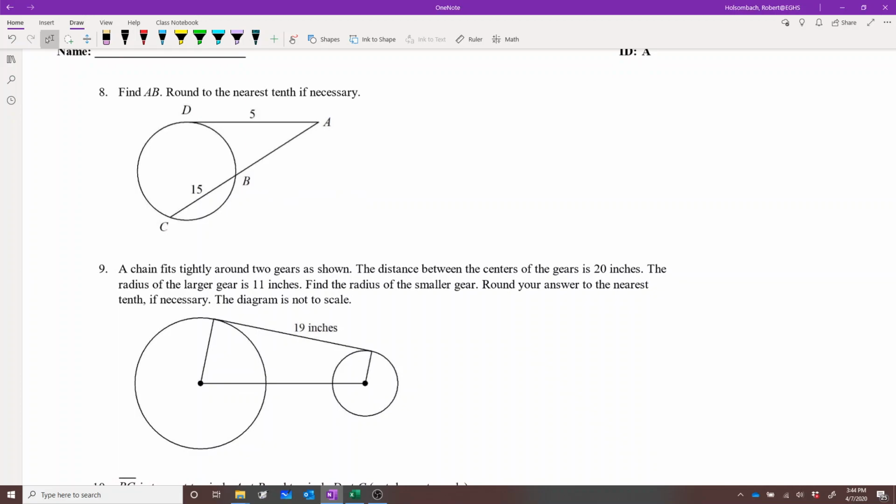Number 8, we need A to B, the outside portion of this secant. So again, we're using our tangent and secant rules.